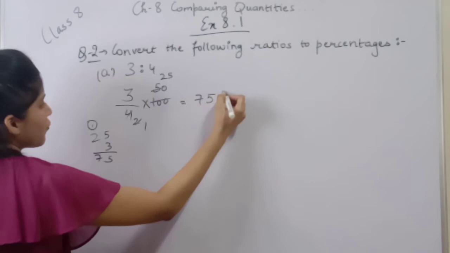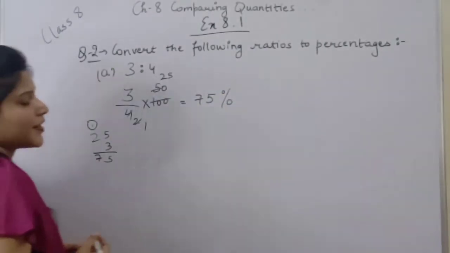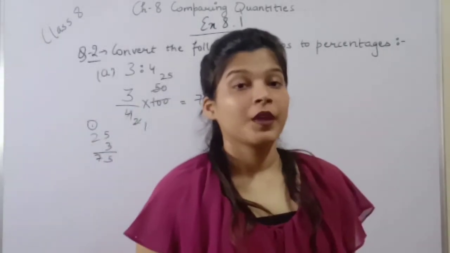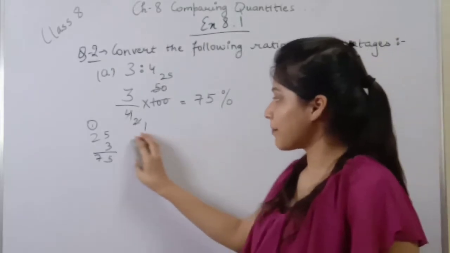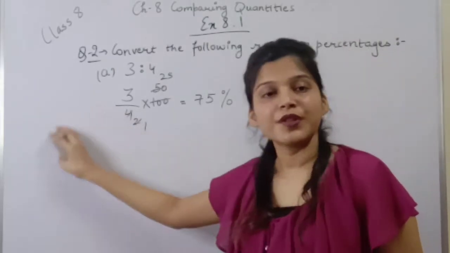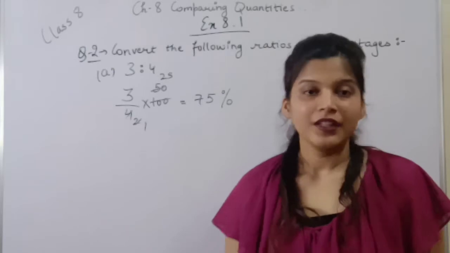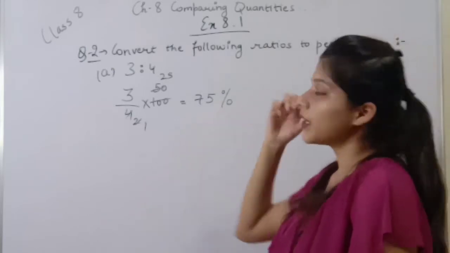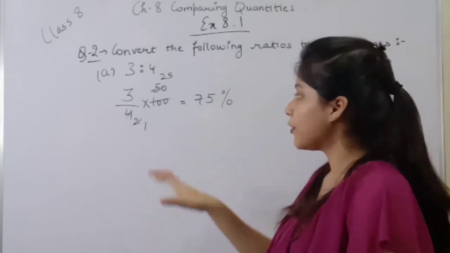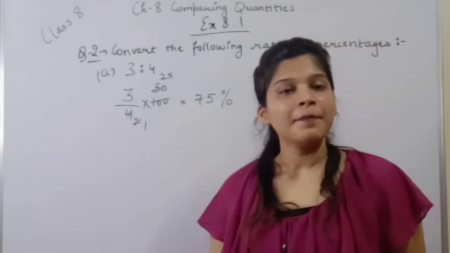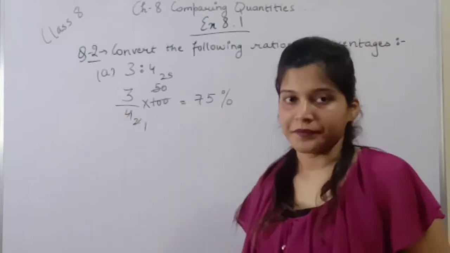It means 3:4 means 75%. Okay, 3:4 of something means 75% of that thing. So in order to convert ratios into percentage, we just multiply the fraction by 100.